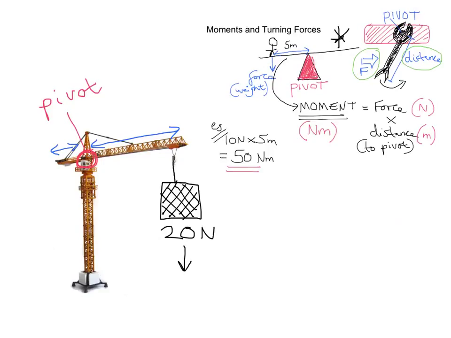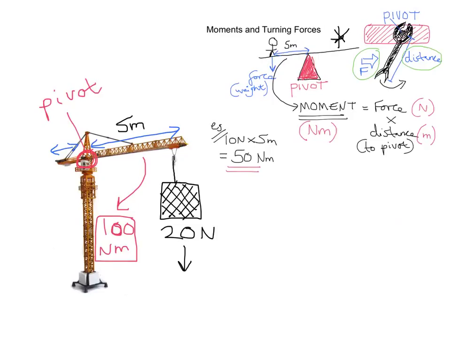The distance from the pivot, let's just use 5 meters as an example. So this turning force, this moment turning this down, would be 20 times 5, force times the distance, which would be 100 newton meters in this example. So that's our moment, 100 newton meters.